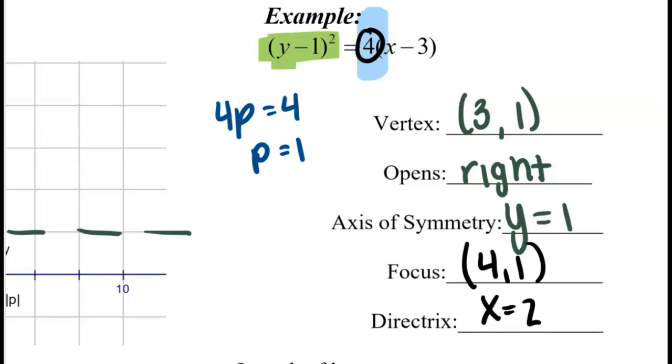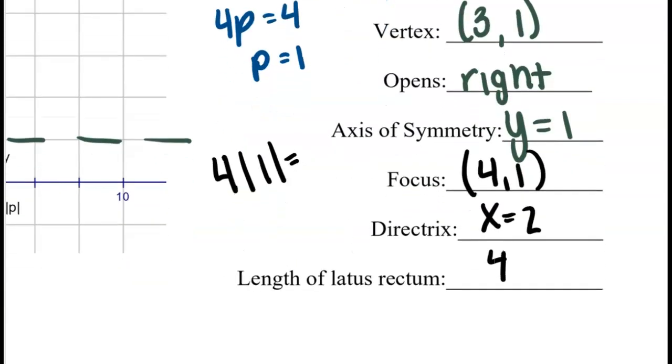Now to find the length of our latus rectum, we take 4 times p. It's a length, so it's always positive. So the length of that is 4. Now how does that help me?